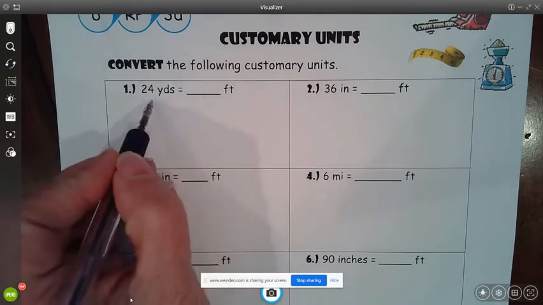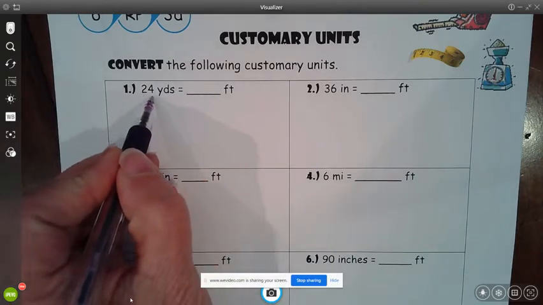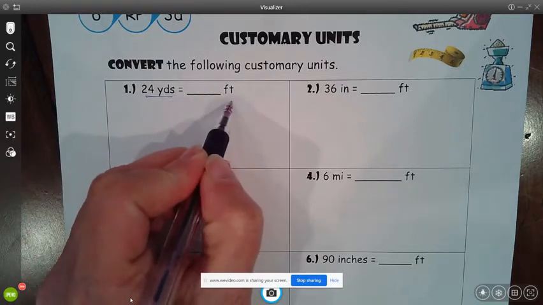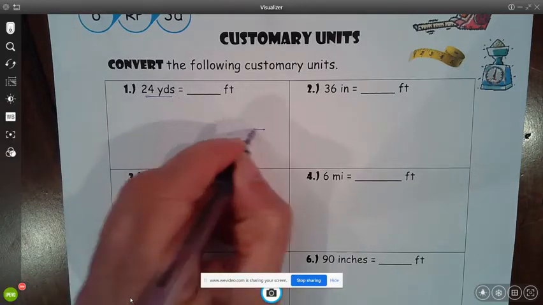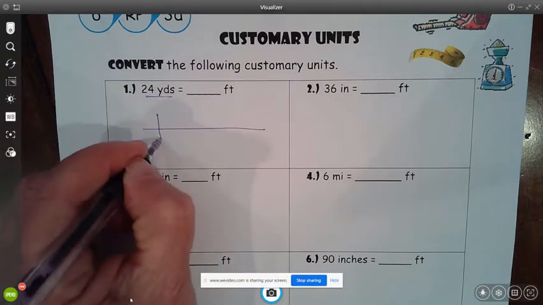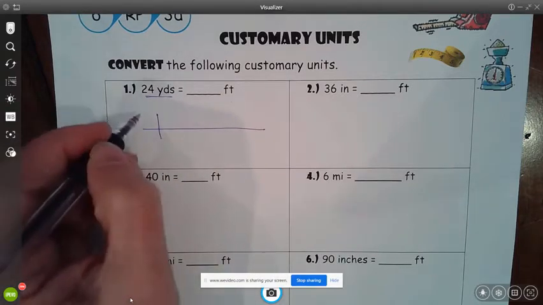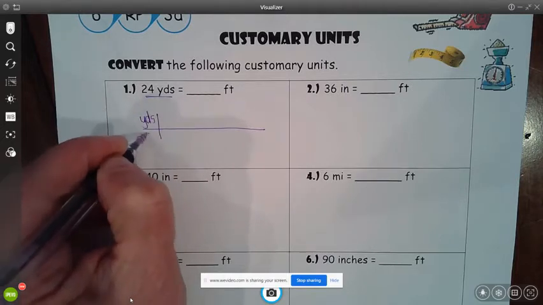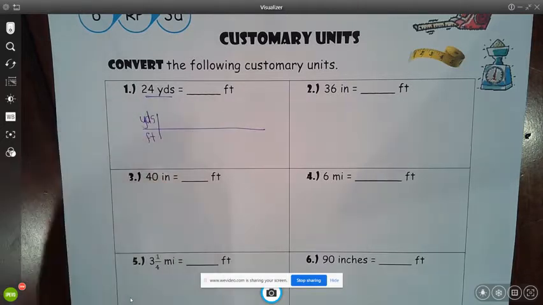We want to know what 24 yards is equivalent to in feet? And so I'm going to start off with a little T-chart here. And I'm going to put the two things that we're comparing, yards and feet. Those are the two units of measurement.